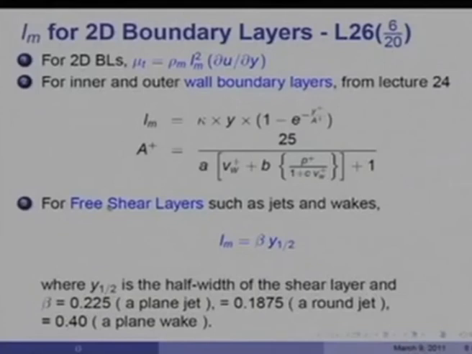When we encounter free shear layers like a turbulent jet or a turbulent wake, then there is no wall present. In that case, how do we specify mixing length? Well, it is specified as L m equal to beta times the half width of the jet.